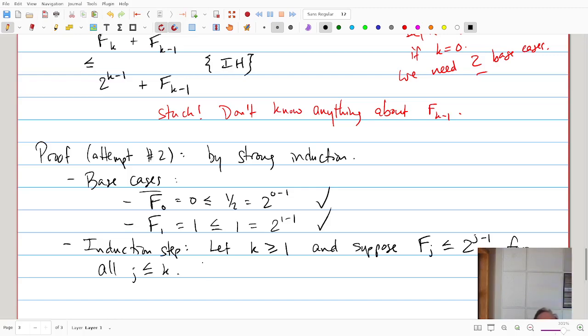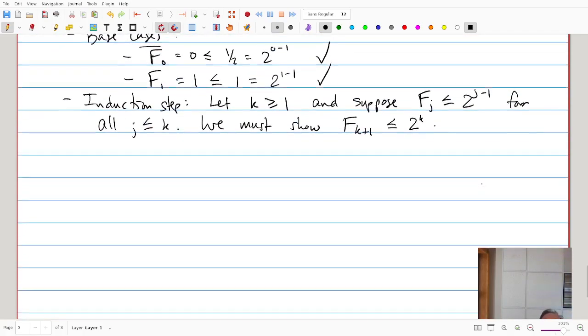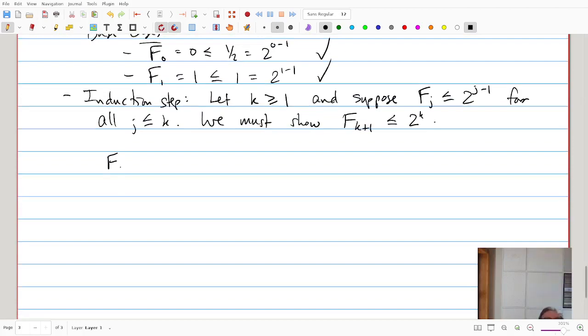And we must show F(k+1) is less than or equal to 2 to the k. Okay, and we're going to do a similar thing that we did before, but it's going to work this time. So F(k+1) is equal to F(k) plus F(k-1).